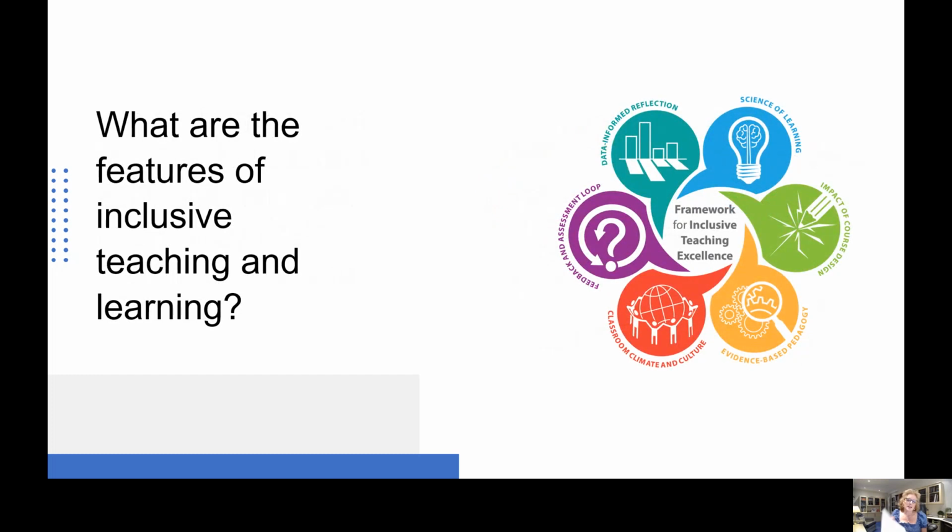So the features then, what are the features of inclusive teaching and learning? This really involves the trainers using a range of strategies to teach and assess the learners. So our tutors need to recognise equality, diversity and inclusion and take account of specific learner needs, as I mentioned a moment ago.